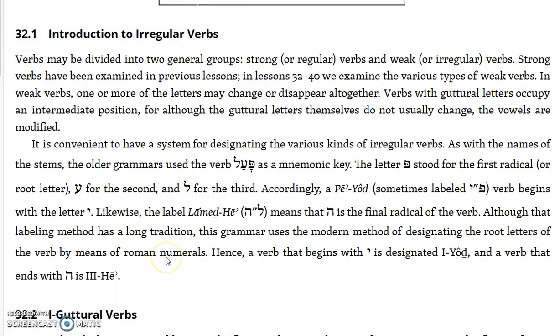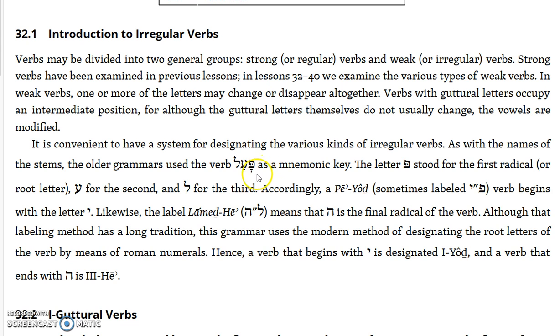Now, it's convenient to have a system for designating the different types of weak verbs. And the older grammars use the paradigm verb of pa'al, meaning to do or accomplish, as a mnemonic device.